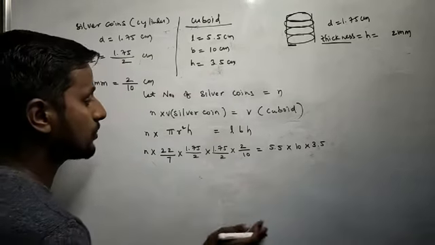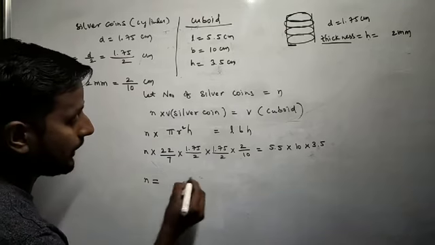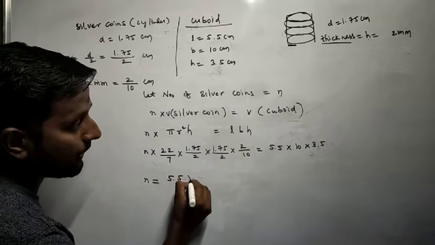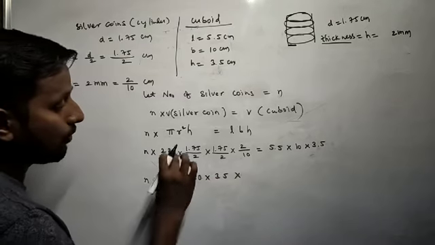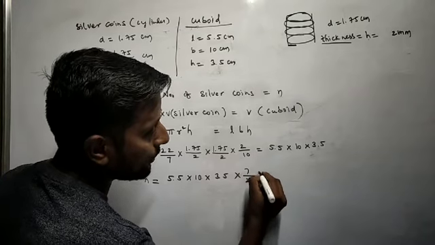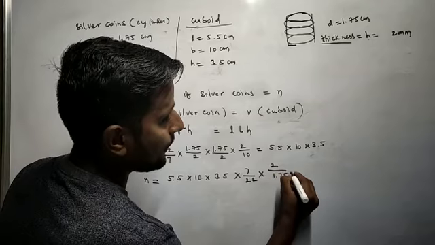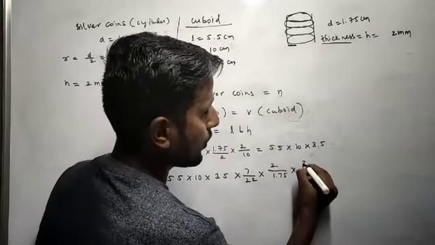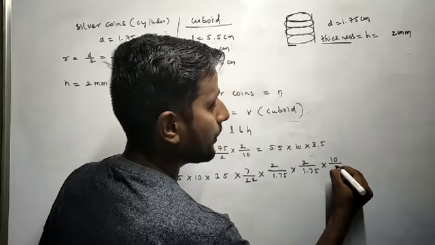We'll bring all terms to here except n, okay. So n is equal to 5.5 into 10 into 3.5 into, now 22 by 7 gets reciprocal, 7 by 22 into 2 by 1.75 into 2 by 1.75 into 10 by 2.